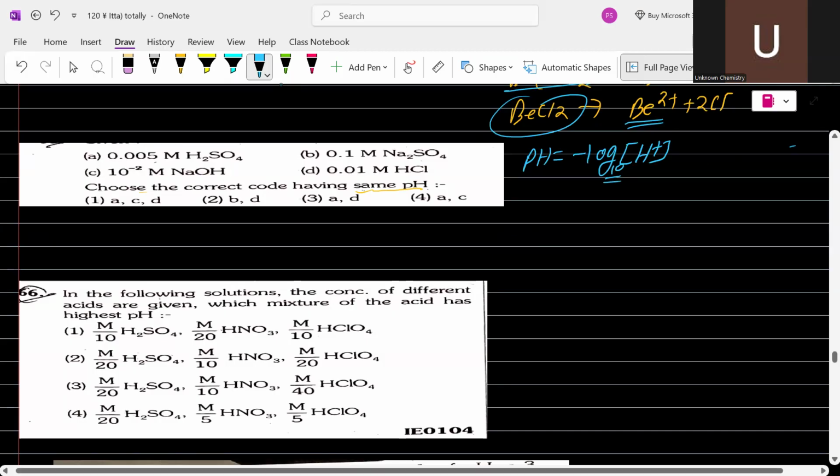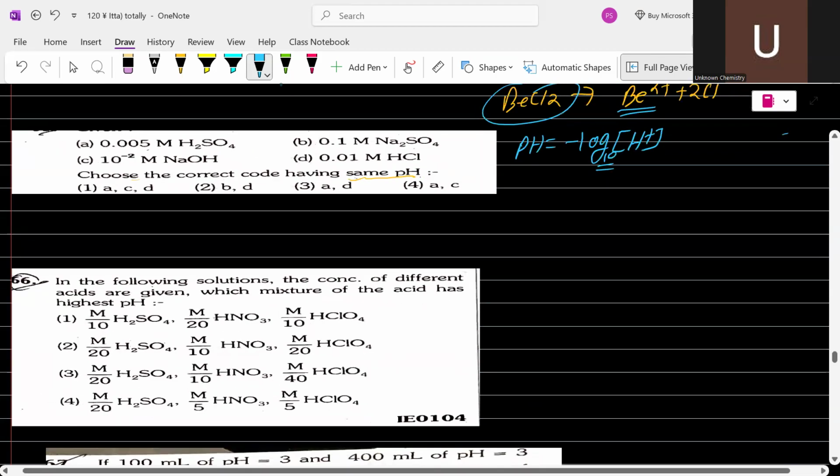Now, if we notice the concentrations of H plus ion, suppose we have 0.05 molar H2SO4, the first option. When we add H2SO4 in water, the aqueous solution of H2SO4 will give 2 H plus ion and SO4 2-. That means if we have 1 molar H2SO4, it will give 2 molar H plus ion. Here, what is the concentration of H2SO4?